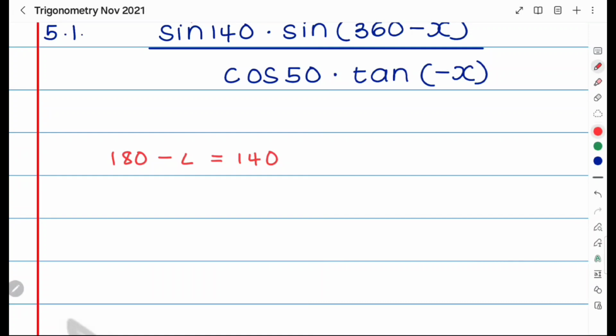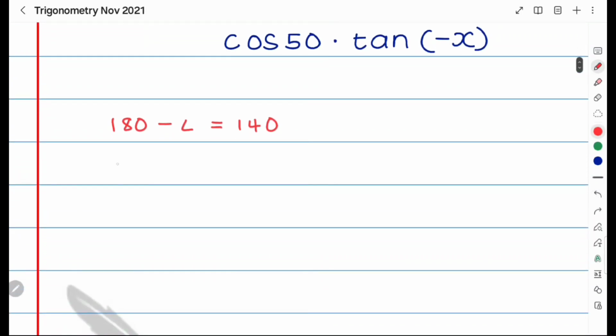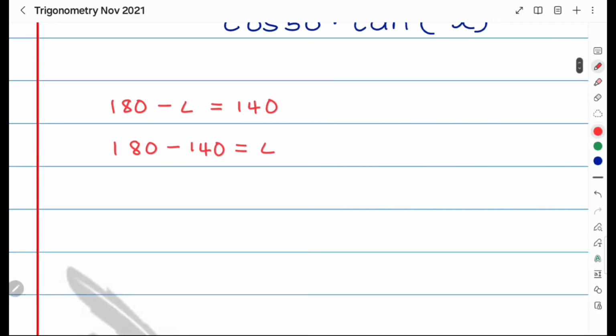So that is always going to be your process. Take the reduction formula in that specific quadrant, equate it to the angle you are reducing, and then solve for angle. So here, I'm going to move the 140 to the left, move the angle to the right to make it positive, and the angle is therefore equal to 40 degrees.